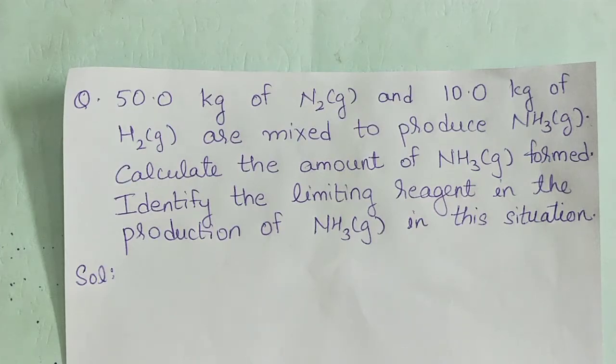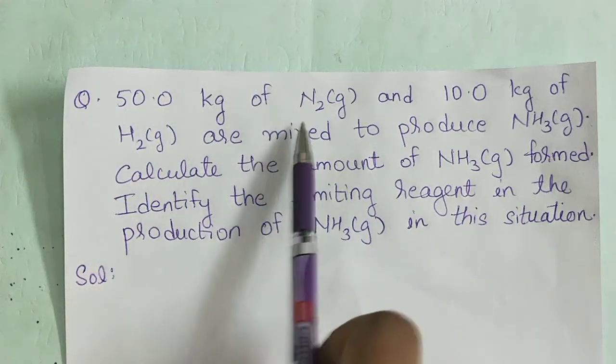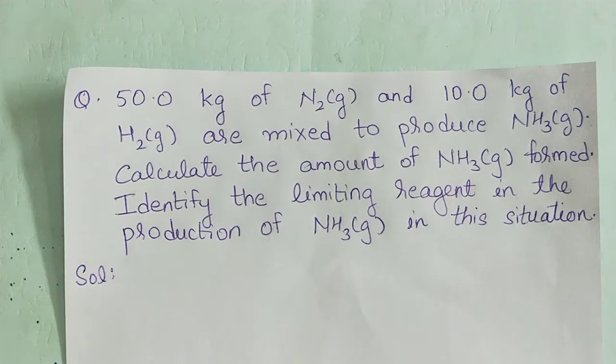The problem reads: 50 kg of nitrogen gas and 10 kg of hydrogen gas are mixed to produce NH3, that is ammonia gas. Calculate the amount of ammonia formed. This is the first question. The second question is: identify the limiting reagent in the production of NH3 ammonia gas in this situation.